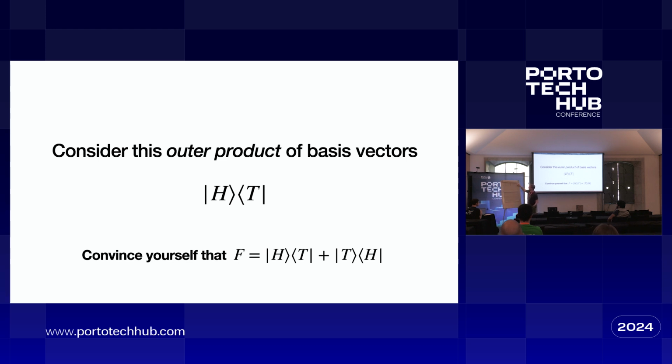This, I think we calculated, was this, with a 1 in row 0, column 1. And tails-heads, similarly, is going to be this one. And so this matrix F is, well, we had it before. It was 0, 1, 1, 0, which is equal to this plus this.